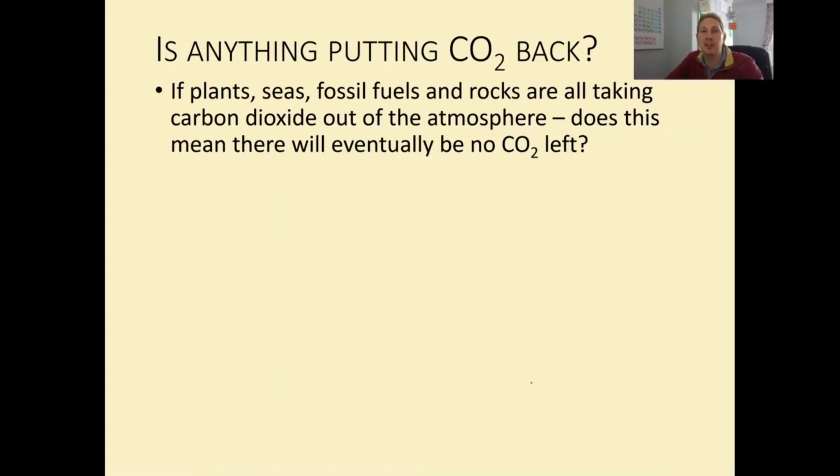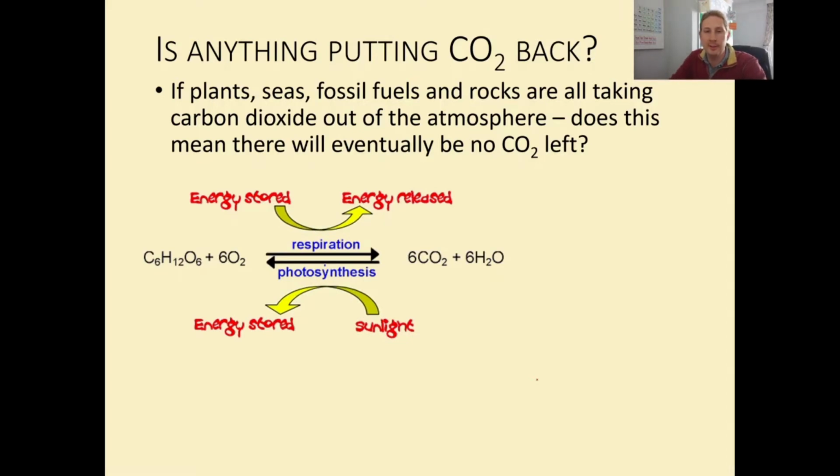Is there anything putting carbon dioxide back into the atmosphere? So if plants, sea creatures, fossil fuels and rocks are all taking carbon dioxide out of the atmosphere, does this mean there will eventually be no CO2 left? Is it going to go down to 0? Well, no, for a couple of important reasons. Number one, photosynthesis here, which converts carbon dioxide and water using sunlight into glucose and oxygen.